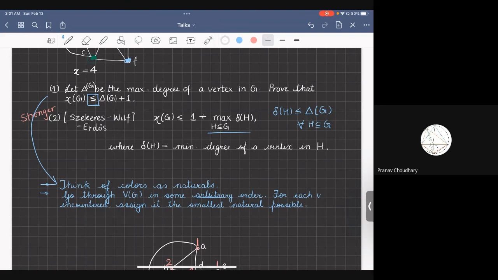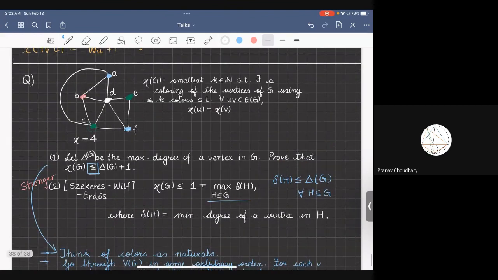What do you mean by induced subgraph? Let's avoid it. Let's just say any subgraph. An induced subgraph is where you take a subset of vertices and take all edges. For example, if I take A, D, F, then in an induced subgraph, I must take AD and DF as the edges because they're also present in G. But in a subgraph, I may choose to omit edges as well.